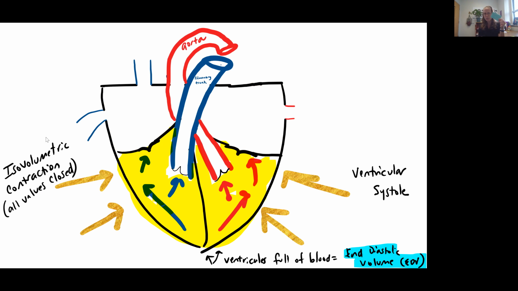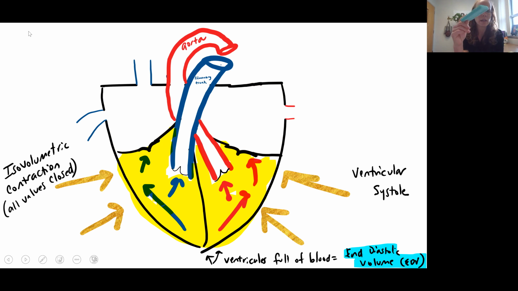So I'm going to use my sponge to represent what's going on here. All right, so I have a nice dry sponge. I'm going to say that I've had passive flowing of blood from my atria to my ventricles. I kind of want to make this look like a 70-30.